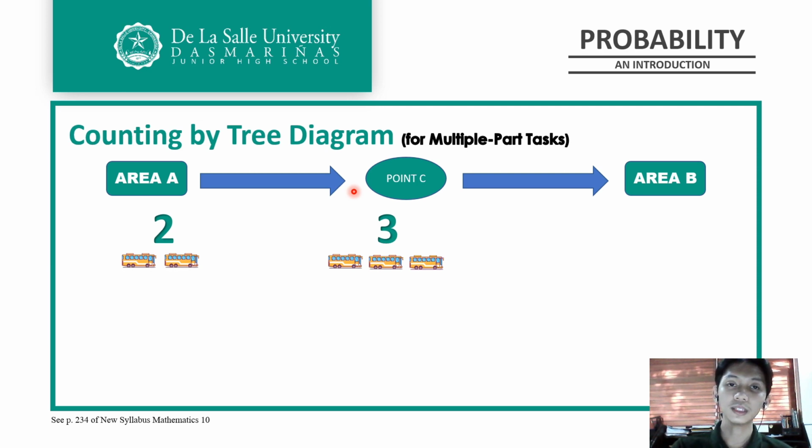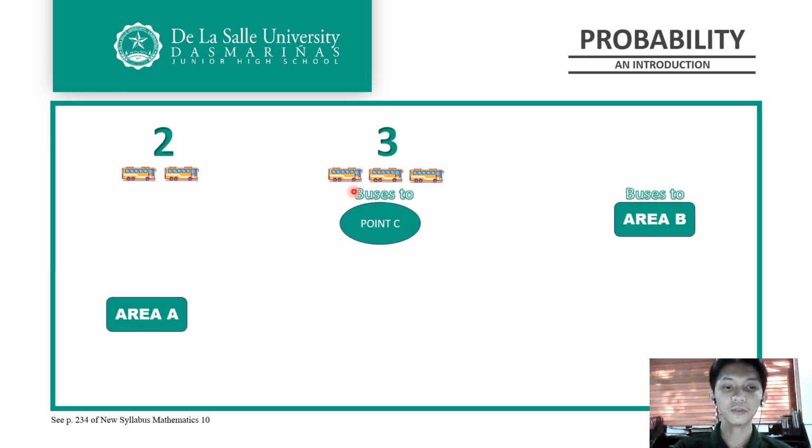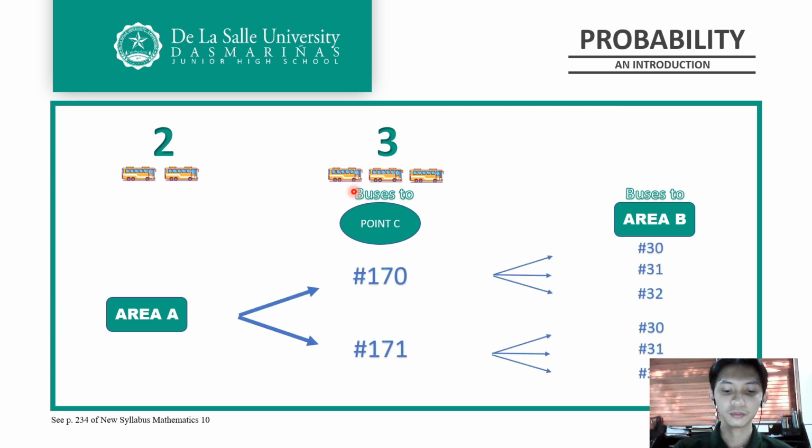So again, we'll use the tree diagram. Starting from area A, 2 lines are drawn where each line denotes one possible way of traveling to point C. From each of these, another 3 lines are drawn to represent the possible ways of traveling from point C to area B. Therefore, Daniel can travel to school in 6 different ways.